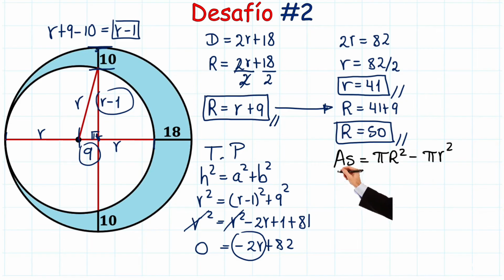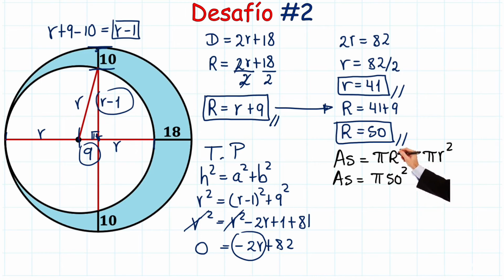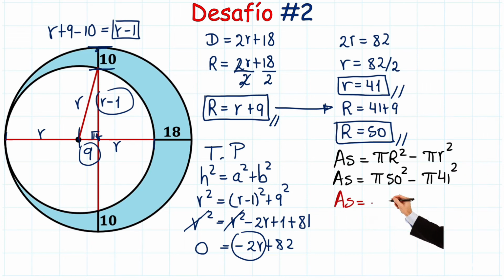It's 50. The shaded area is pi times 50 squared, and we can also factor out pi from here, minus pi times lowercase r, which is how much? 41 squared. And we have, ladies and gentlemen, that the shaded area is equal to 819 pi.